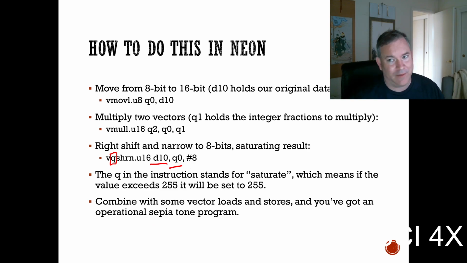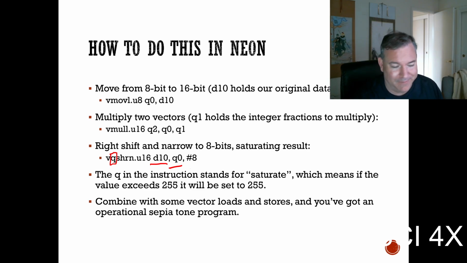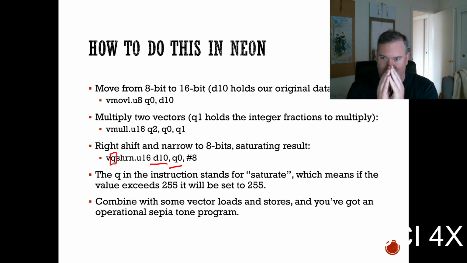Or if it did compile, it would probably throw away the upper half, which is not what you want, so your code would break. So narrowing means each lane. Remember, in Neon, you have 256 bits, and it needs to know how big each variable inside of it is. Is it 8 bits, 16 bits, whatever? Right now I'm telling it it's 16 bits, but I'm going to narrow that lane and the result to 8 bits.